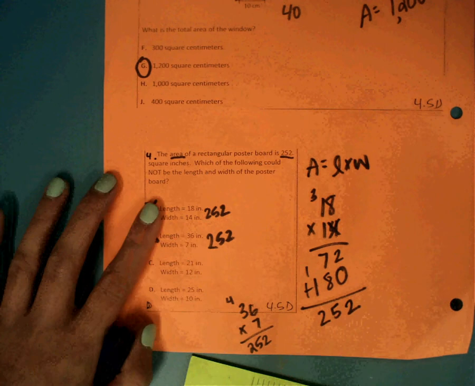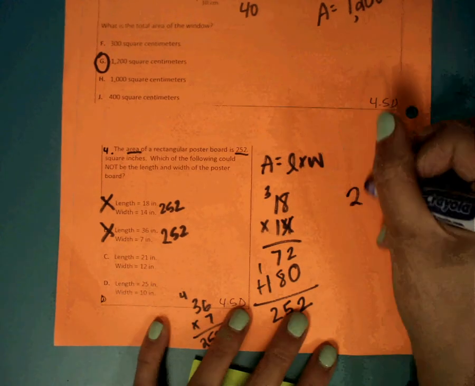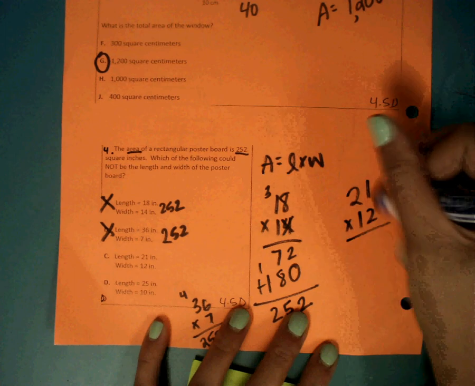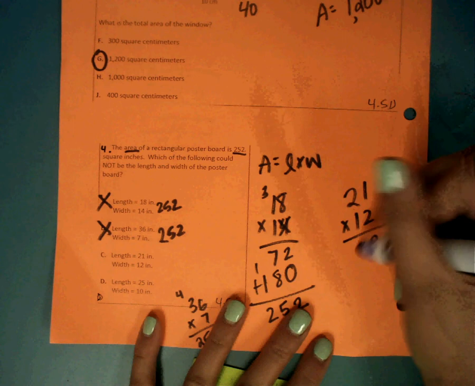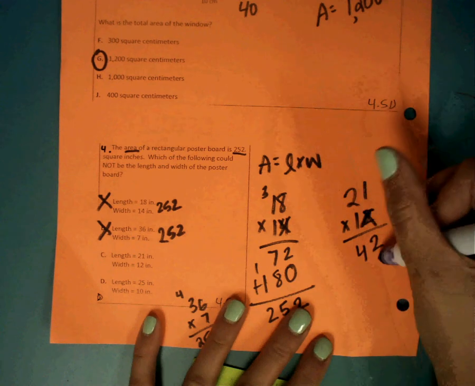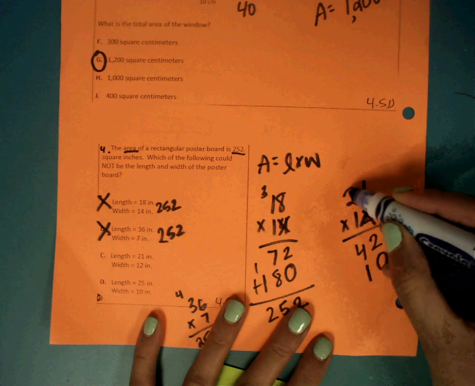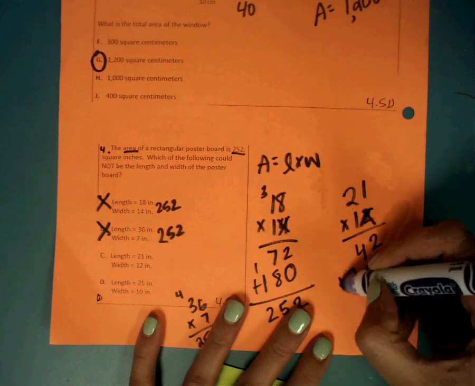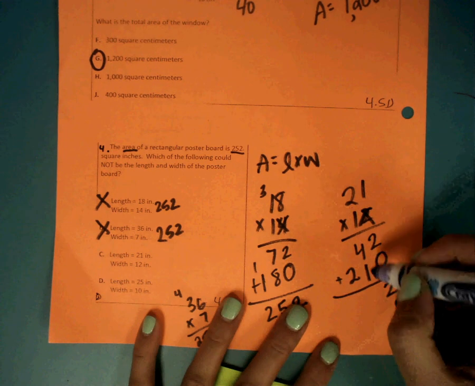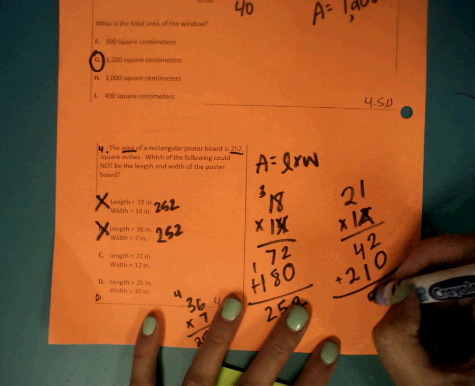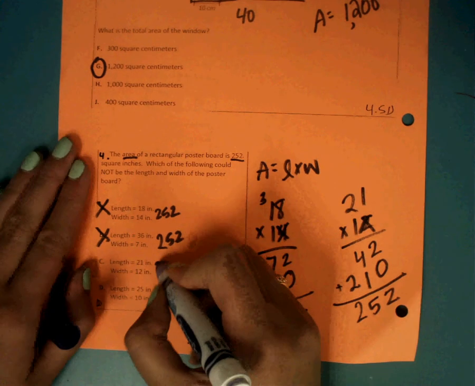Let's try 21 times 12. 1 times 2, 2. 2 times 2, 4. Little brother goes to bed, big brother gets a cookie. 1 times 1, 1. 2 times 1, 2. 2 plus 0, 2. 4 plus 1, 5. 2 plus nothing is 2. Again, we get 252.